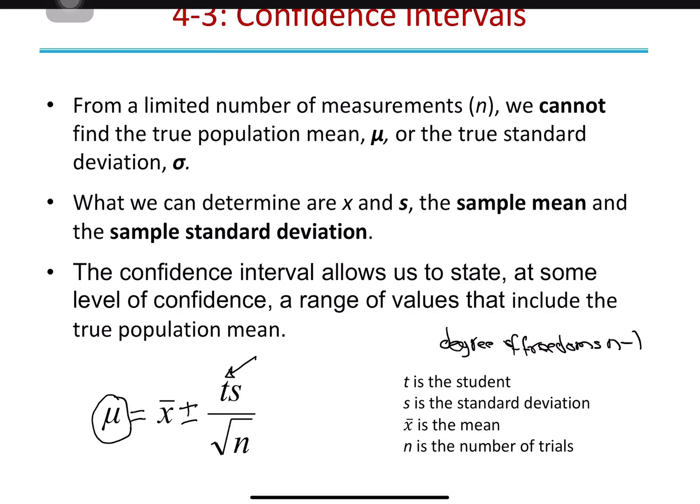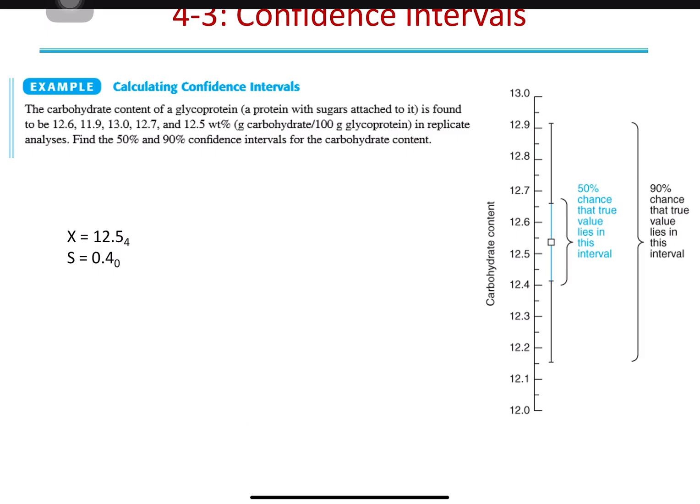So let's have a look at an example in order to understand how we can calculate the confidence interval and what exactly it means. Say there is an experiment where we try to calculate the carbohydrate content of glycoproteins, and we ran five measurements, and we found these different values of carbohydrate content of a glycoprotein.